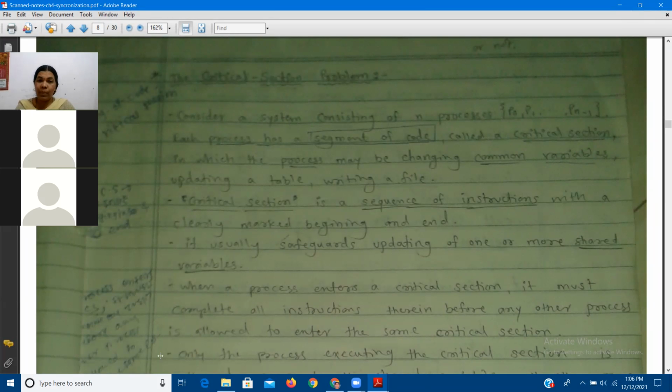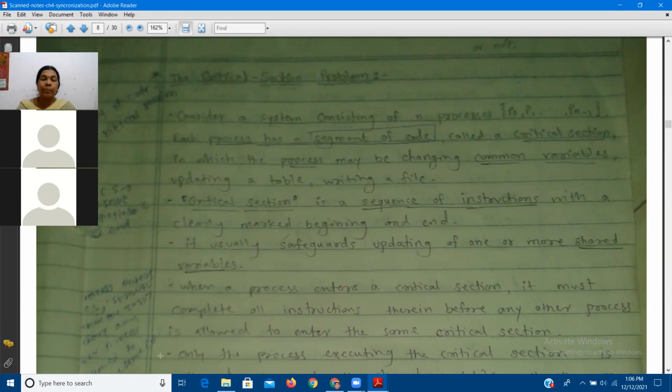Otherwise, what happens if the OS allows both processes to access the file? The file data may get updated, and wrong data may be accessed by the processes. One process is trying to modify that file, and another process is thinking that this is the original file. So the data may be updated by another process, and the first process may be unable to get the correct data.